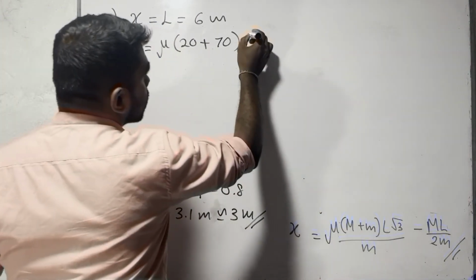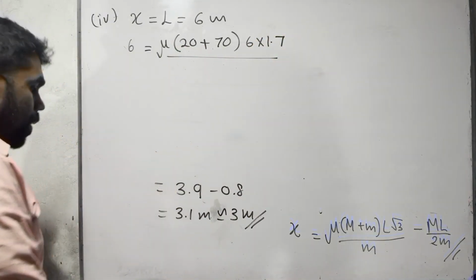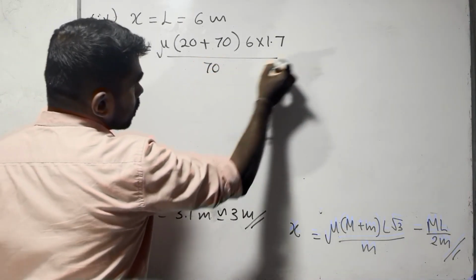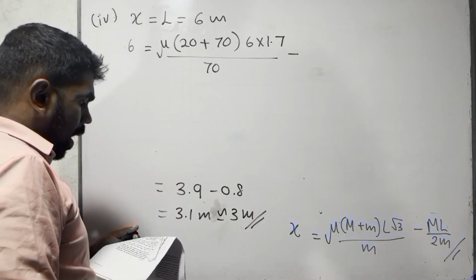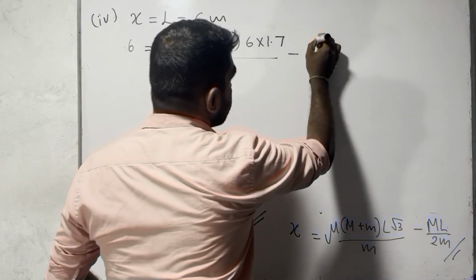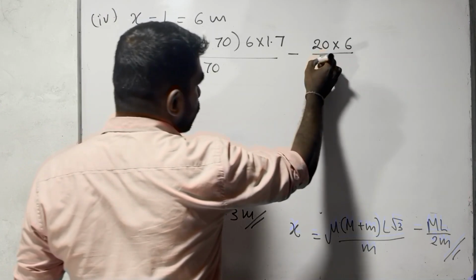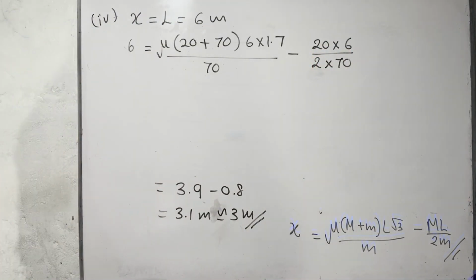Capital L value 6, root 3 is 1.7, they have given in the question in the previous one, simple m 70, minus capital M 20, L 6 divided by 2 into simple m 70. Now we have to simplify it to find the value of mu.